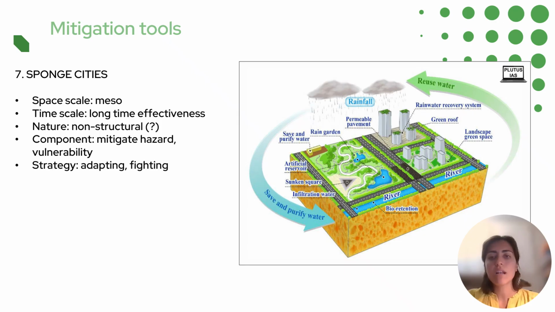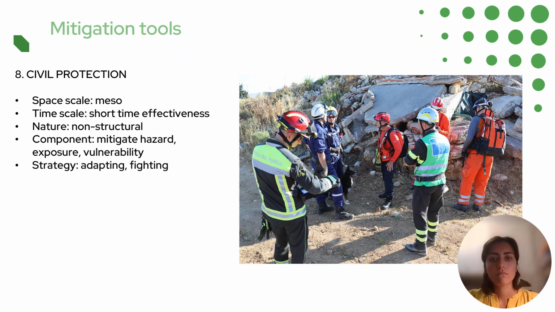This measure is mainly non-structural, applied at a mesoscale with long-term effectiveness. It combines both adaptation and fighting strategies. It increases resilience while also reducing flood peaks. Today, sponge cities are a central element of sustainable water management policies.